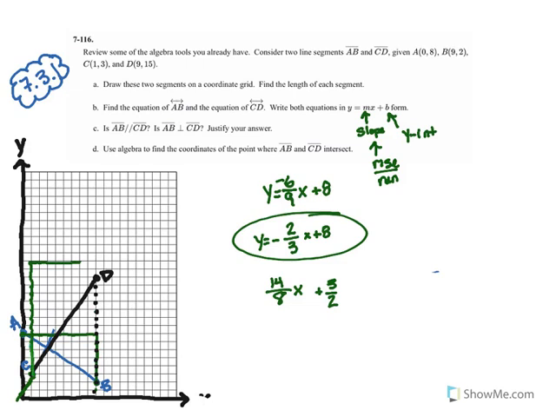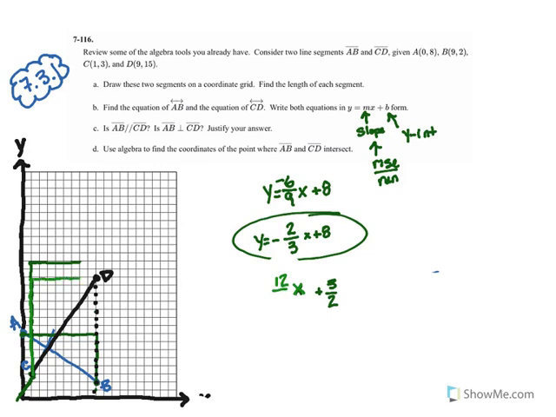My rise is 1, 2, 3, 4, 5, 6, 7, 8, 9, 10, 11, 12. So this top number is 12 now. And this bottom one should stay the same, but let's count it anyways.